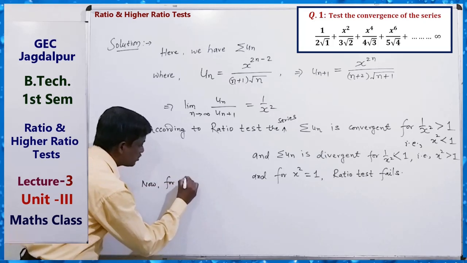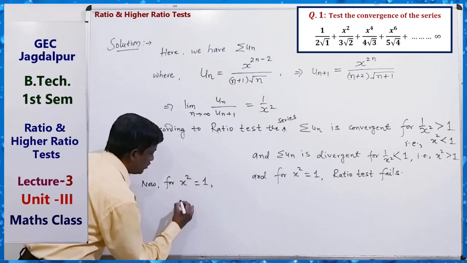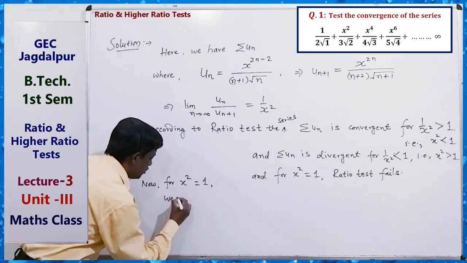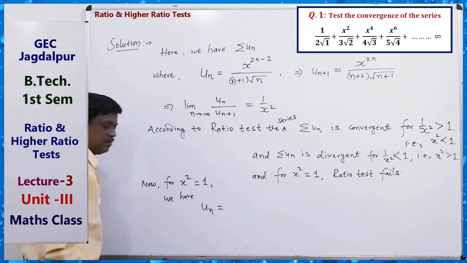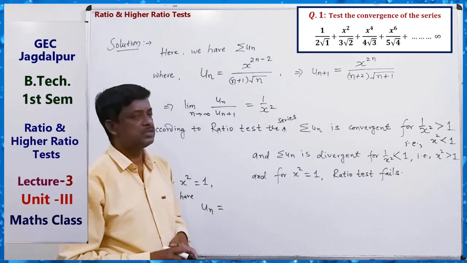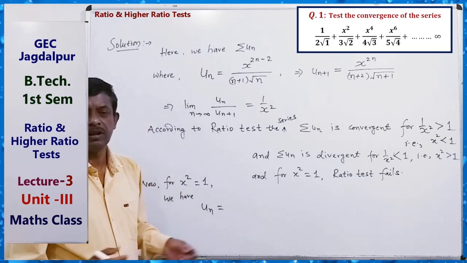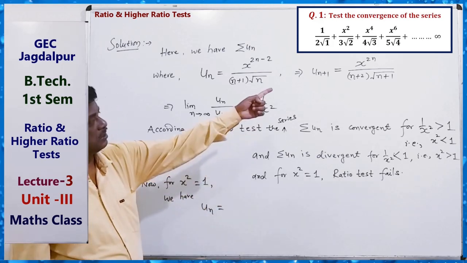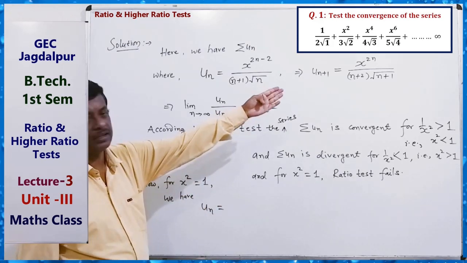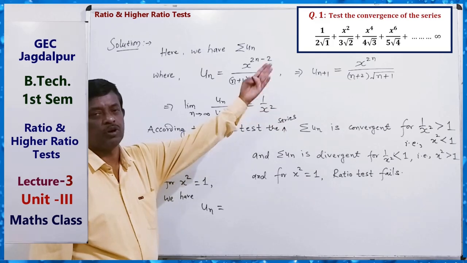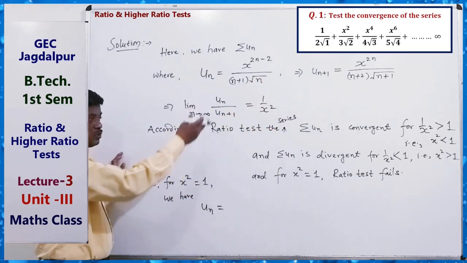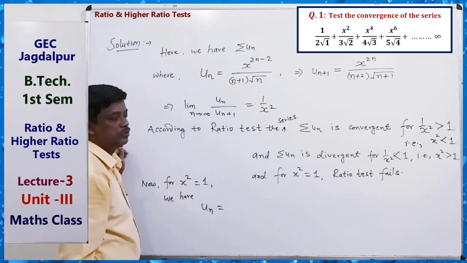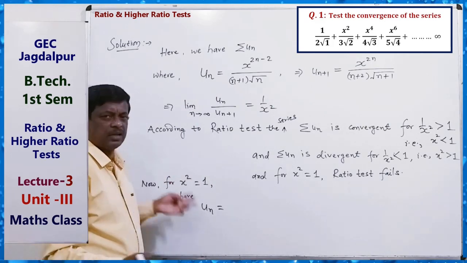Now, for x square equal to 1, we have un equals to, we are not using Raabe's test, because this is not like a rational function, polynomial by polynomial, because root is there and also n plus 2 is in the denominator. So we are using any of the basic tests.